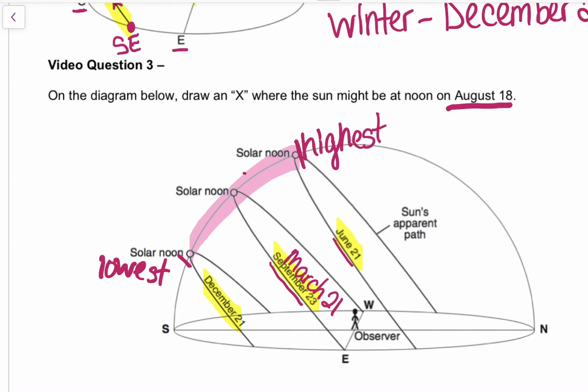Maybe somewhere right about here. This X could tell us where the sun could be at noon on August 18th. We're making an estimate here. It's about halfway, maybe a little bit closer to September than it is to June.